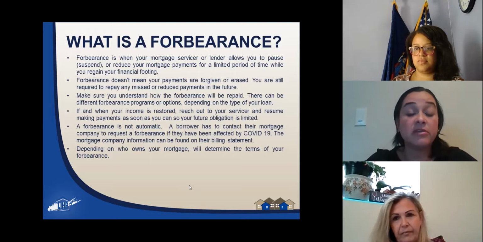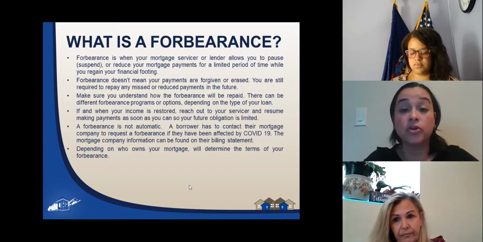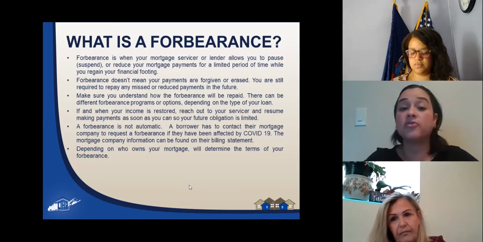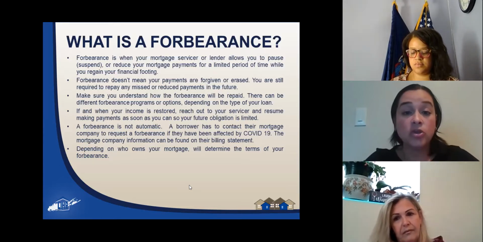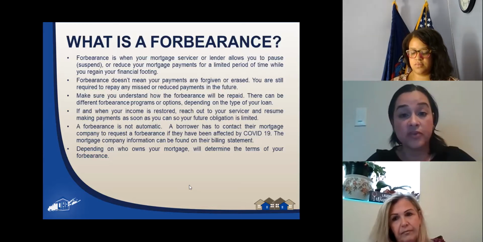There can be different forbearance programs or options depending on the type of loan. And like you've heard Maria say before, some are putting it at the end of your term. So if you have 25 years left on your mortgage and you take 9 months of forbearance, now you're going to have 25 years and 9 months left on your mortgage because they're going to add it towards the end. Right.